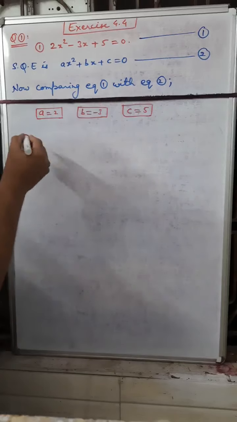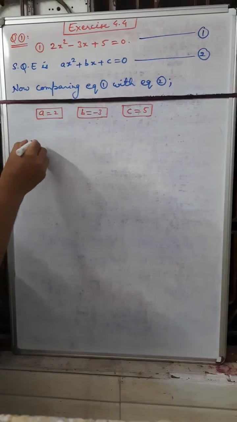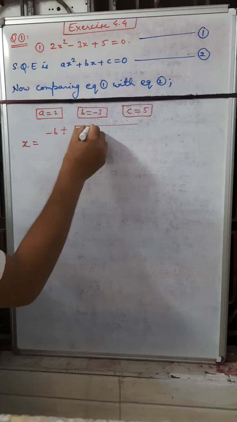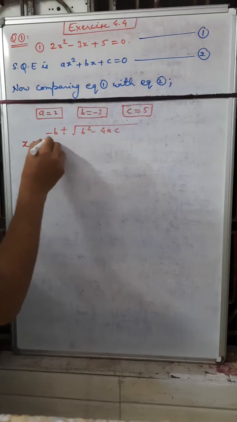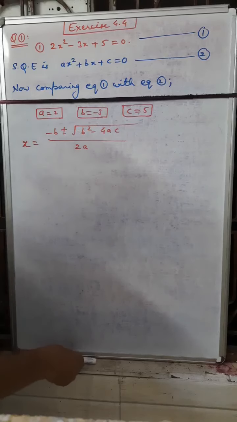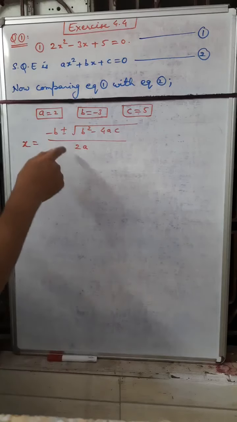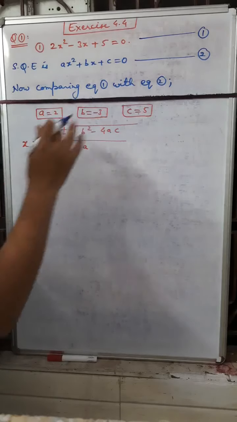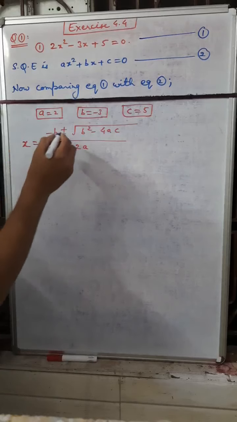Again we know the quadratic formula: x is equal to minus b plus minus under root b square minus 4ac upon 2a. So now we will put the values of a, b, c in this formula. We have already found the values of a, b, c here.